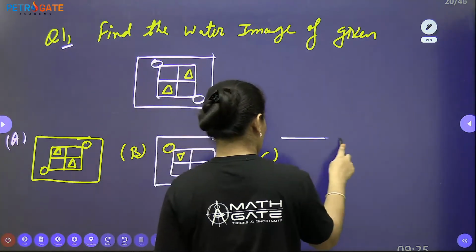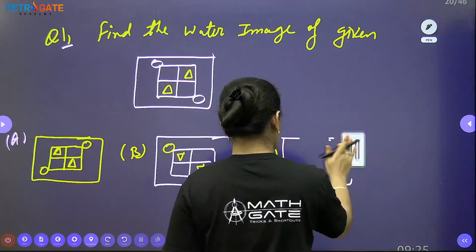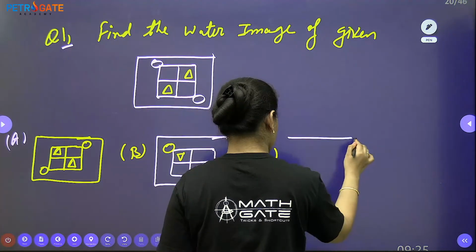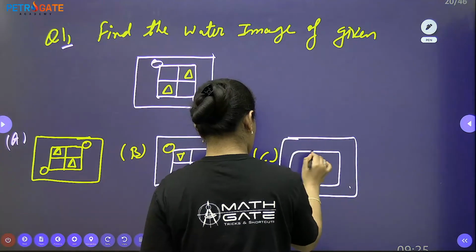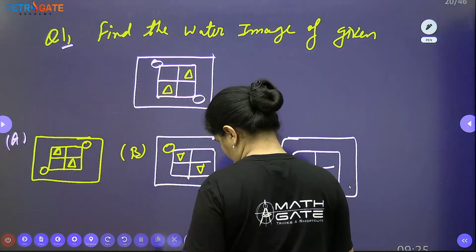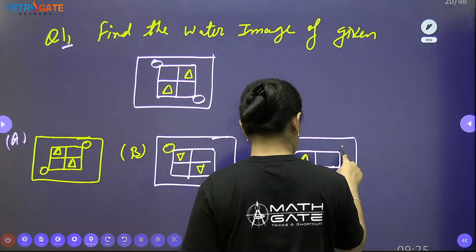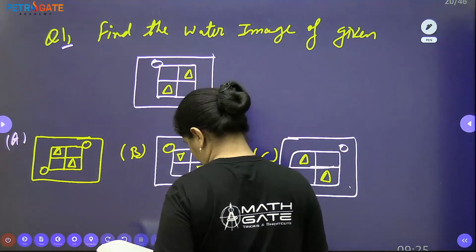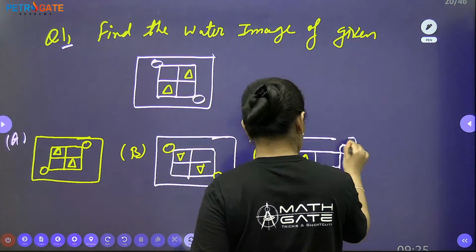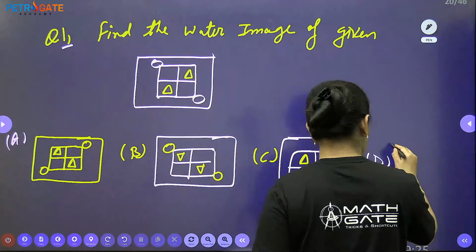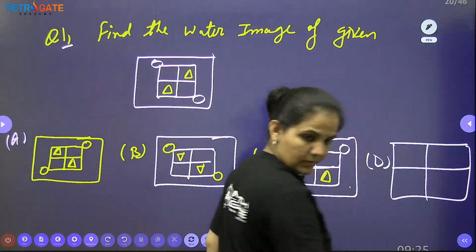When we go for this one, it looks like a triangle, 0, 0 means two circles are here. Okay, and when we go for the last one, I hope it's visible, na?